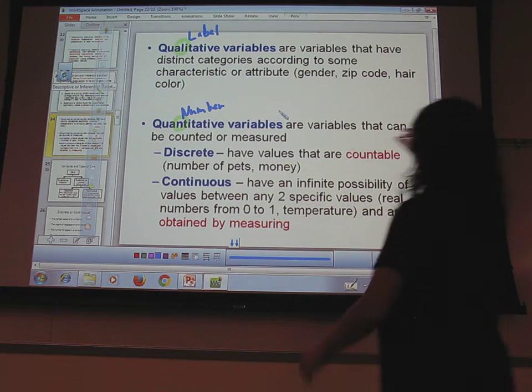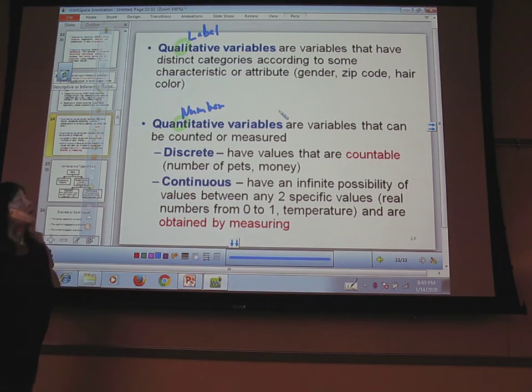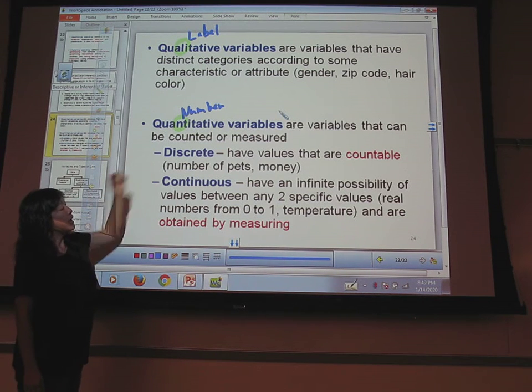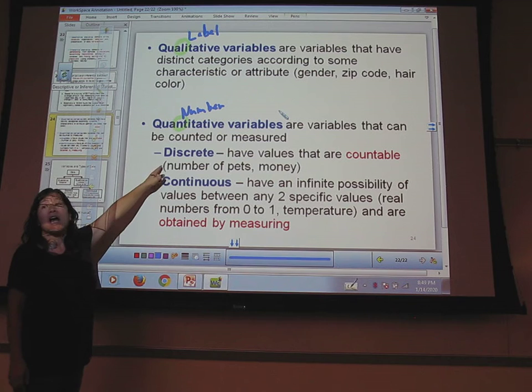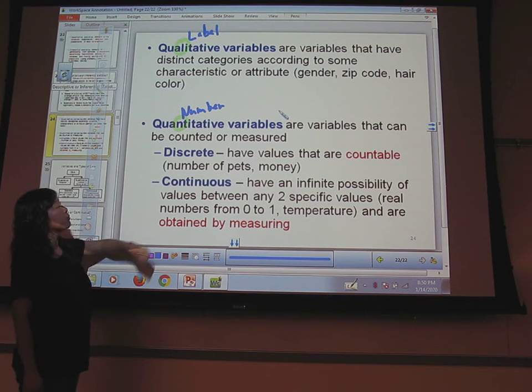Now, quantitative variables, those have numerical value, and are split into two groups. The first group is discrete, the other group is continuous. The easiest thing about discrete is it has values that are countable. You can count them, like pets. You can count money, things like that.